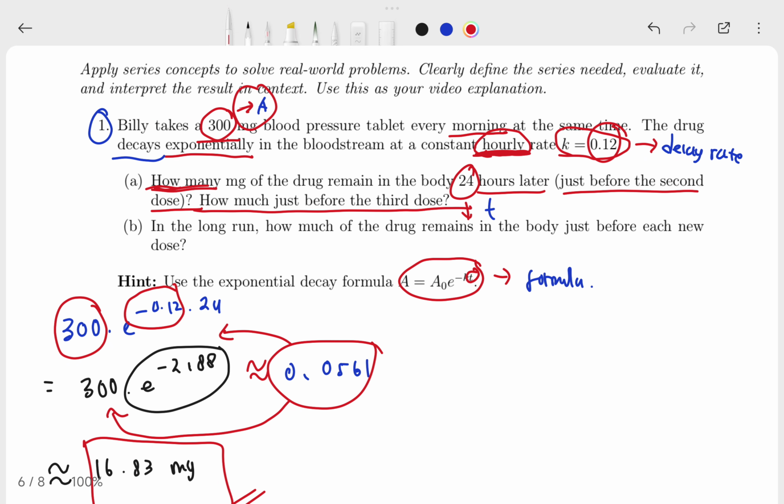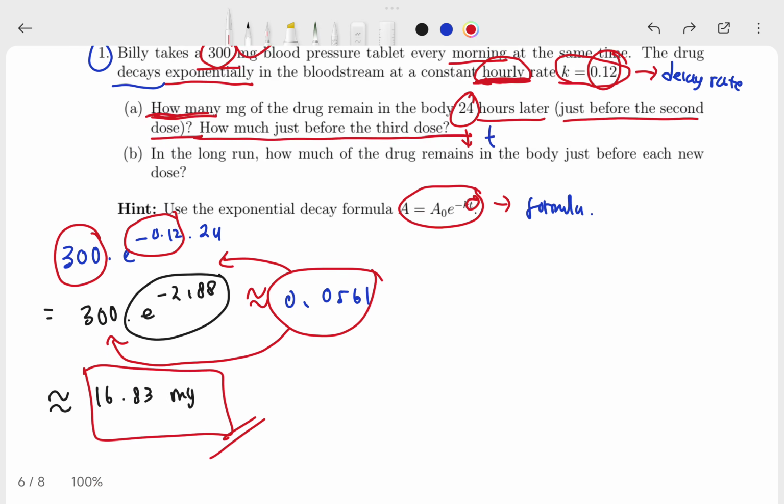As we can see here, the exponential decay rate is 0.12. I put it here, and the time is 24 hours, so I just multiply it. This is the power, so it's the exponent: e to the power of minus K times T. As we multiply that, we get minus 2.88.